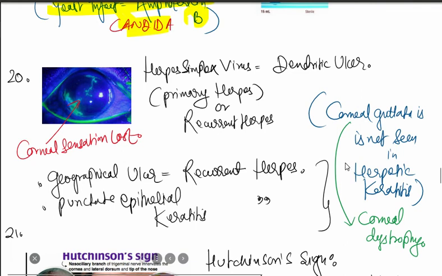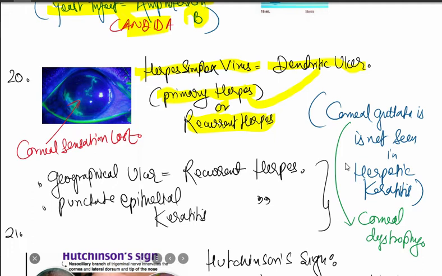Next one. So we see herpes simplex virus causing dendritic ulcer. Dendritic ulcer is a feature in primary herpes or recurrent herpes. Herpetic infection can be primary or recurrent type.